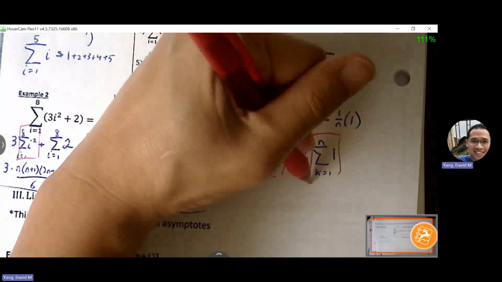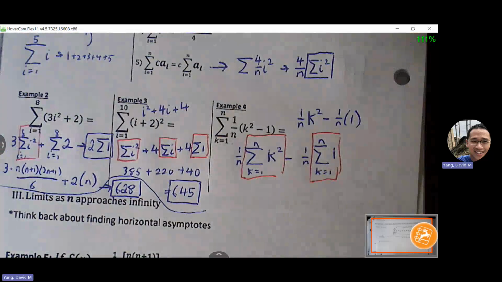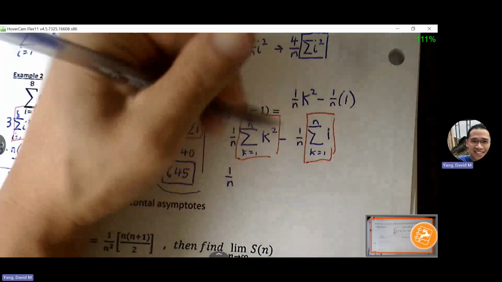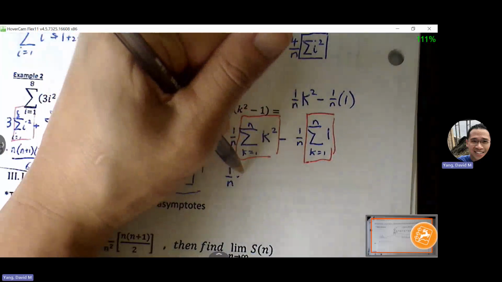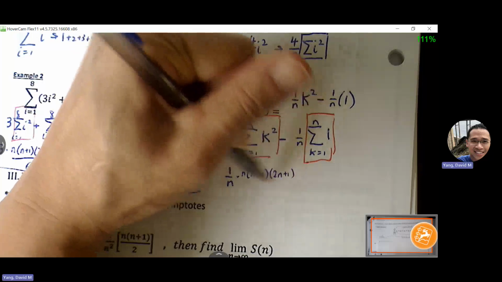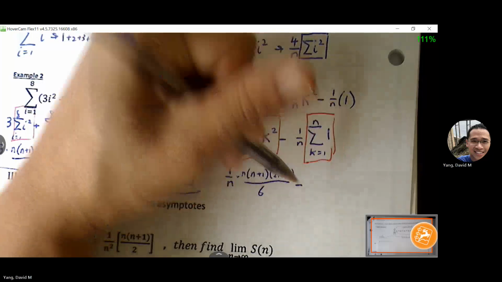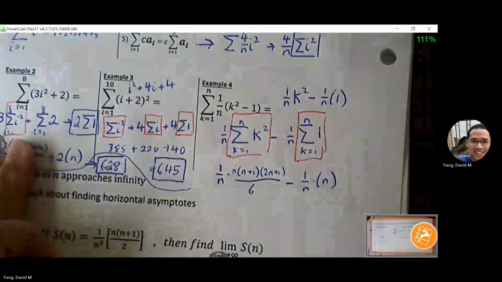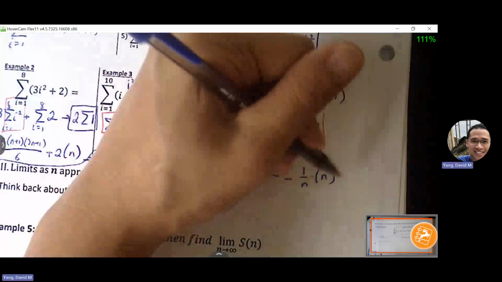I know I'm using k, but it's the same as i, just a different counter variable. Okay. So summation k squared can be replaced with n times n plus 1, 2n plus 1 all over 6. And then summation 1 can be replaced with n. Okay, that's as far as we need to do right now.